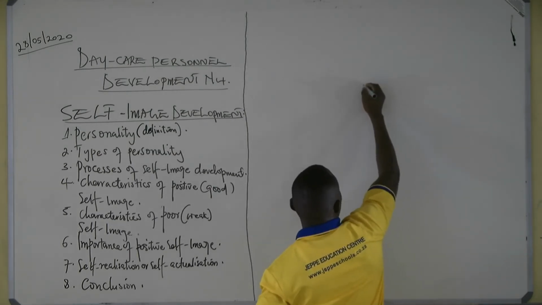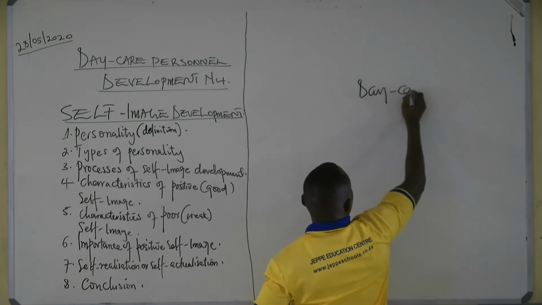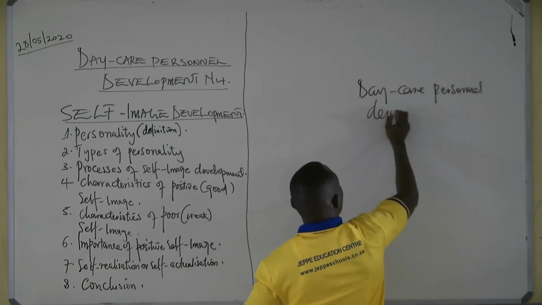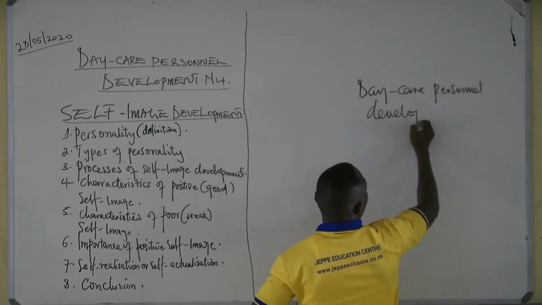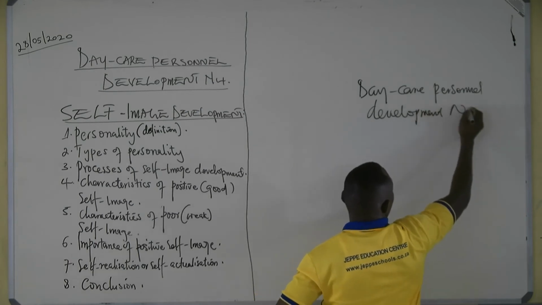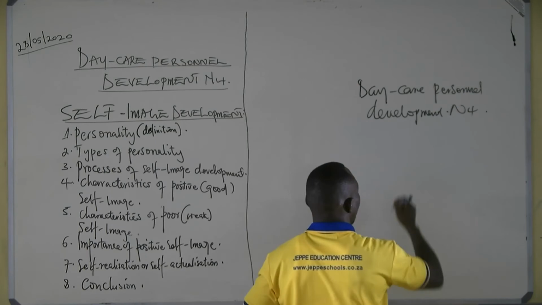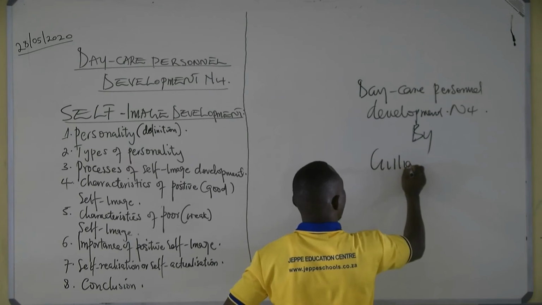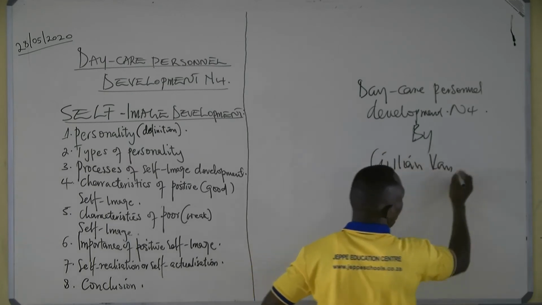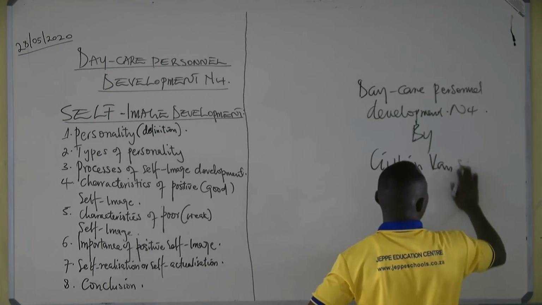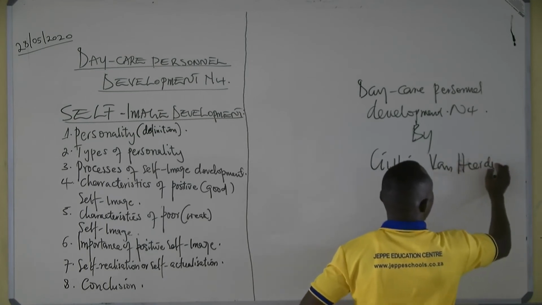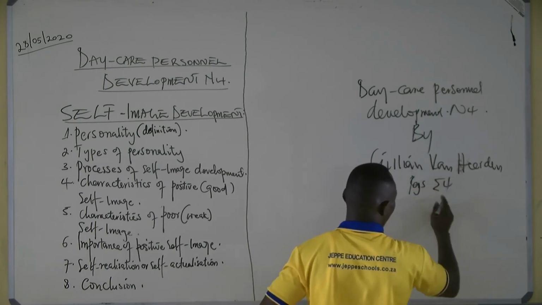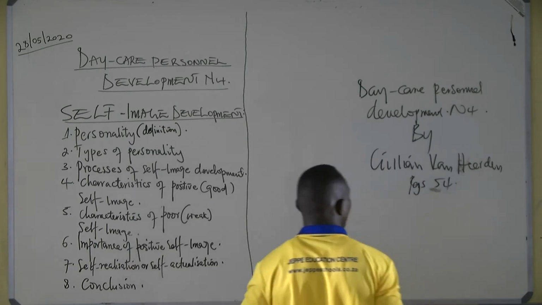You can refer to a textbook called DayCare Personnel Development N4, written by Gillian Van Harden. You can go to page 54.